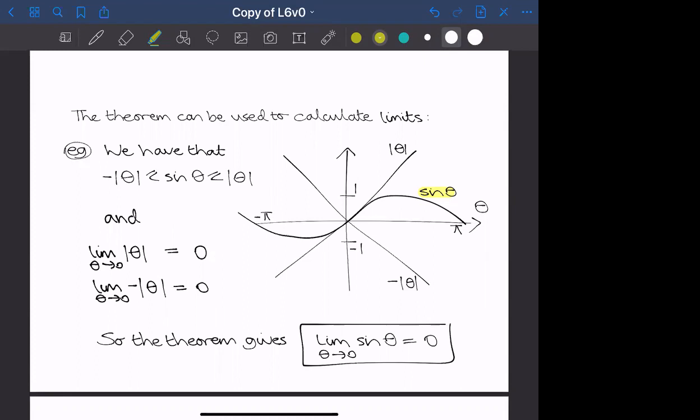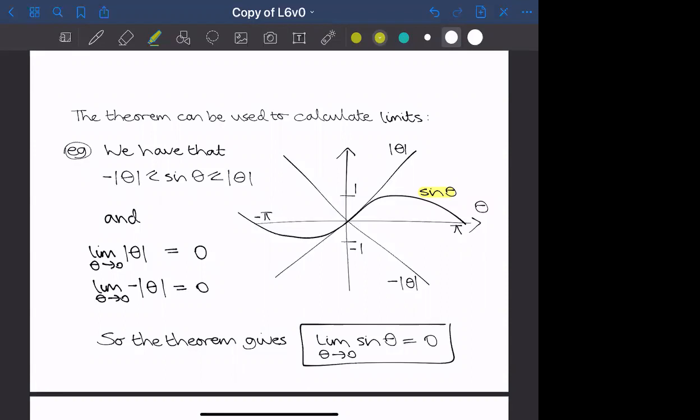So remember, the limit of the function is some value such that as the variable theta gets closer and closer to, for instance, 0, then the value gets closer and closer to something, the limit.